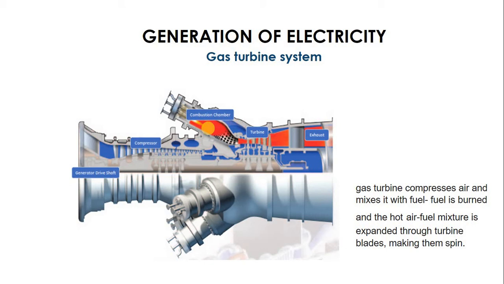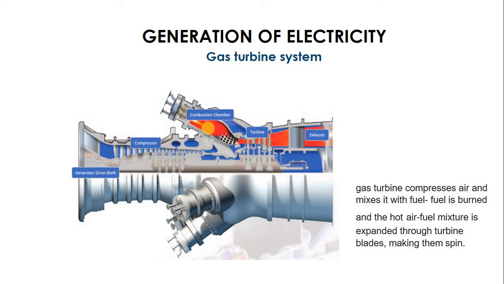Then the end result of the combustion comes out from the exhaust as smoke, just like in the car: once the engine starts, you expect to see something from the exhaust. If your engine is good, you may not see it, but you still have some fumes. But when your engine is bad, that's when you see the smoke. Okay, so that's the simple gas turbine system.